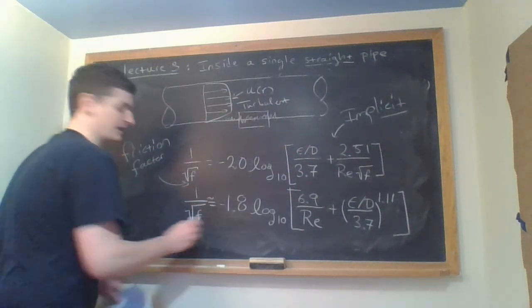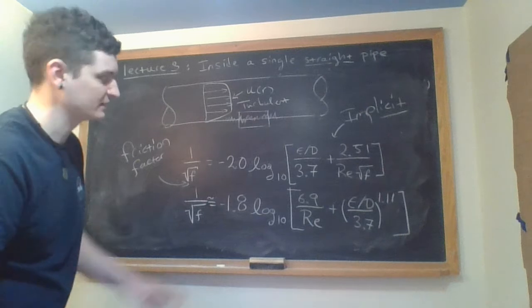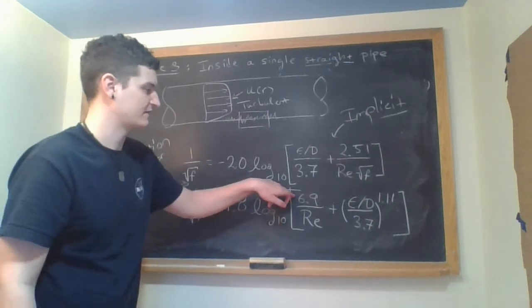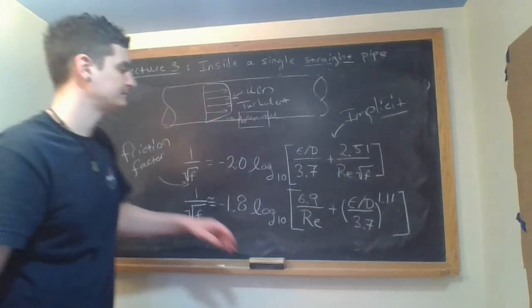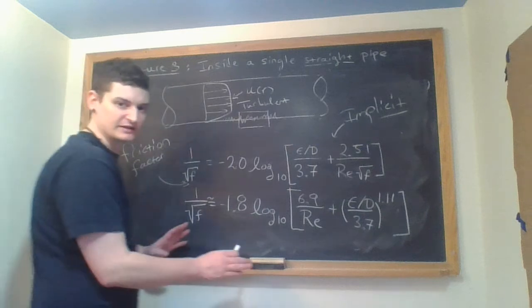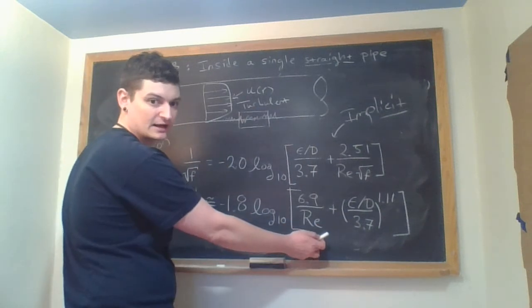Let's say this is a nice fitting function from experiments where they fitted this number, and you can fit that number as well. The benefit of this, you can see, is there's no f on this side.